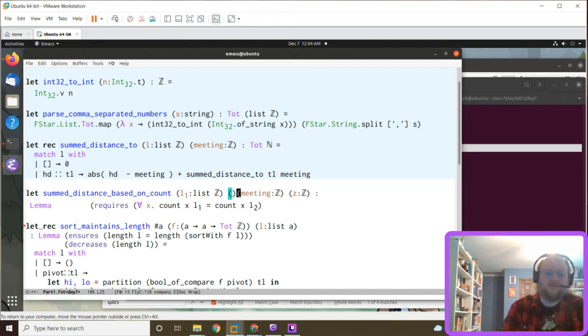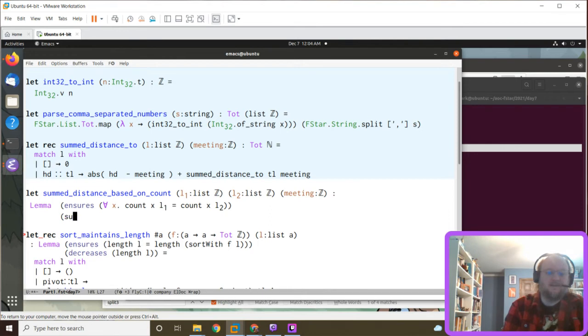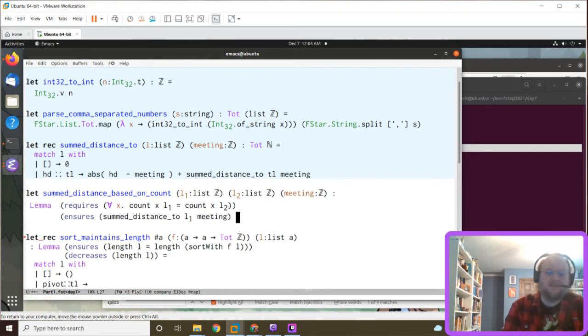So say we have two lists. Can we say if this is true, then, oops, requires summed distance to L1 meeting summed distance to L2 meeting.